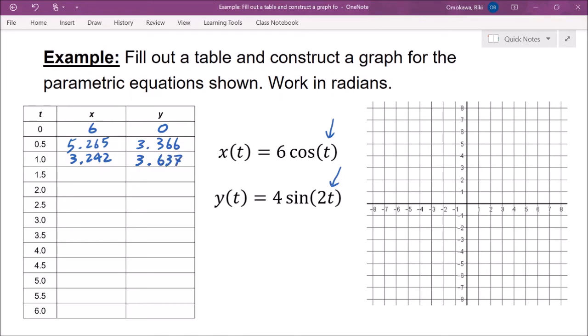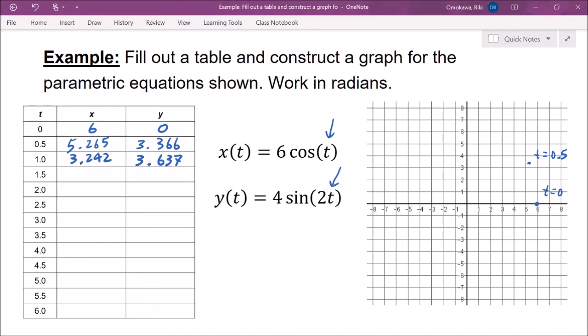So again, very messy numbers, and you're just going to have to estimate them on the graph. Well, 6, 0 is easy for t equals 0. But then for t equals 0.5, that would be around maybe like here. So that's when t is 0.5, and so on.